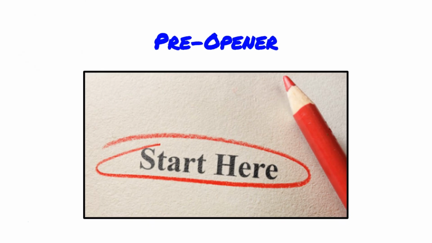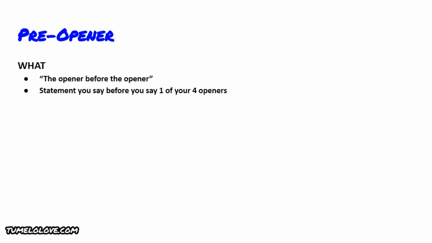Before I crack into the 4 opener techniques and formulas, there's 2 very important things that I want to cover before we get into it. And the first thing is the pre-opener. What is the pre-opener? The pre-opener is the opener before the opener.